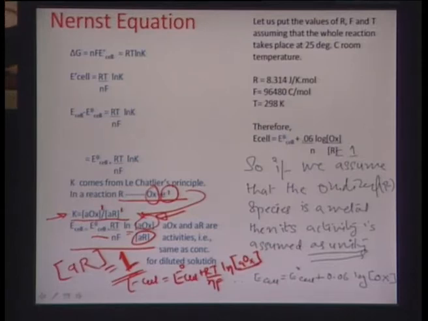Let us also look at if we can do something about this RT by nF. If we assume that the whole reaction takes place at room temperature and standard conditions, which is 25 degrees Celsius, and if we take the value of R to be 8.314 joule per Kelvin mole, the value of Faraday constant F to be 96,480 coulomb per mole, T at 25 degrees Celsius means 298 Kelvin.